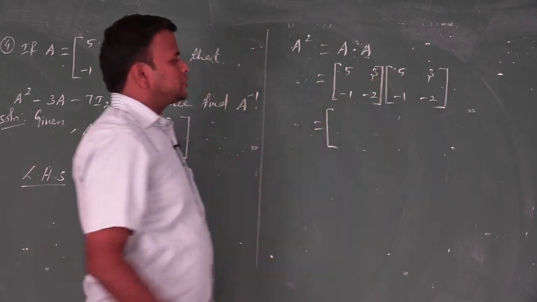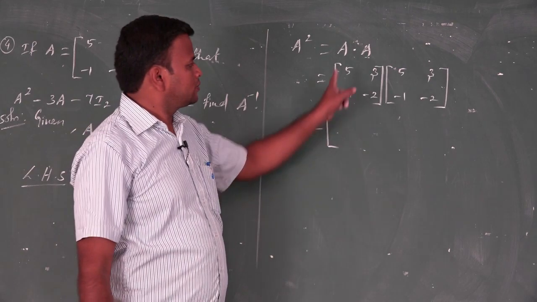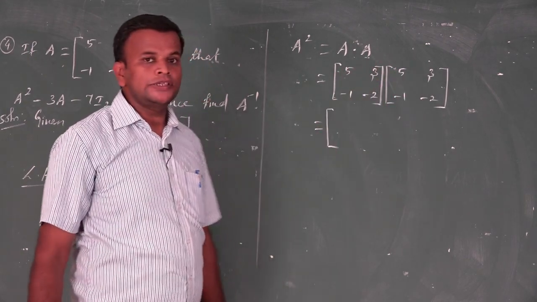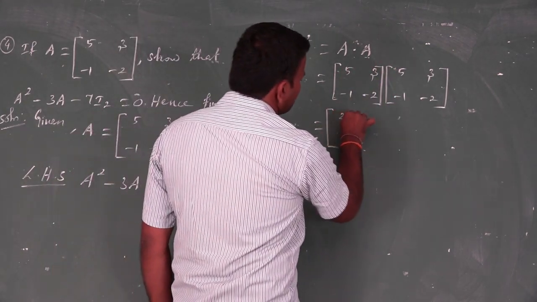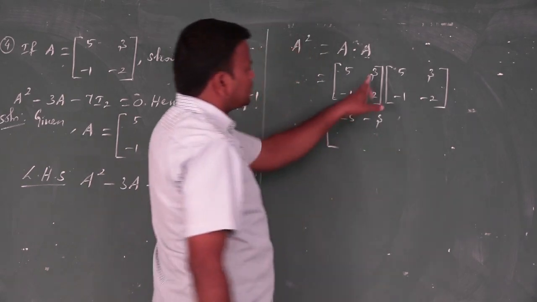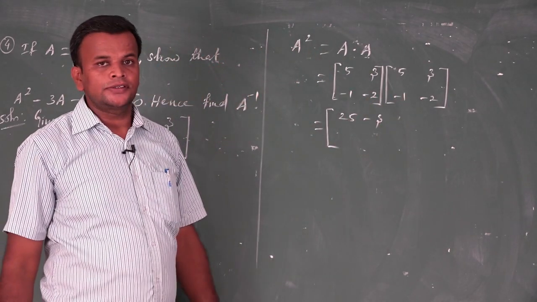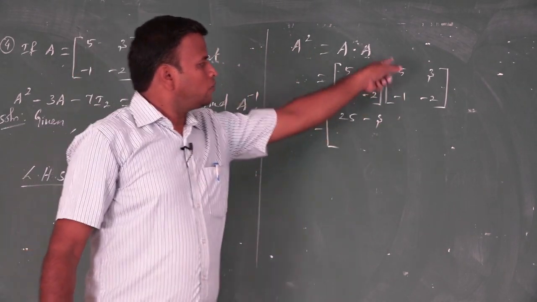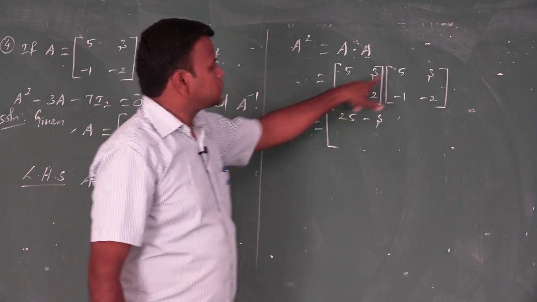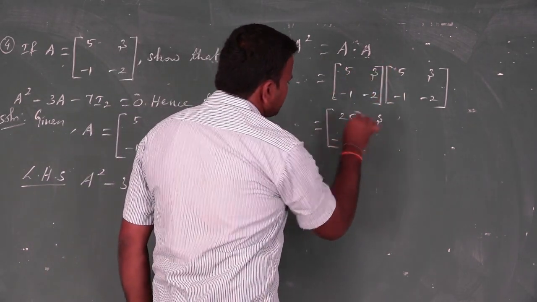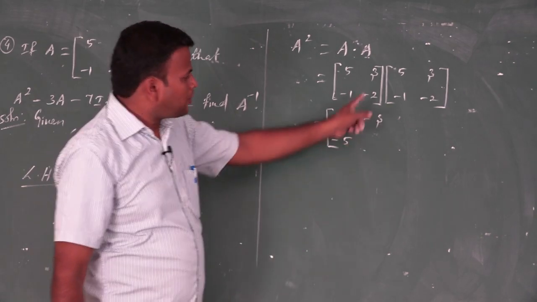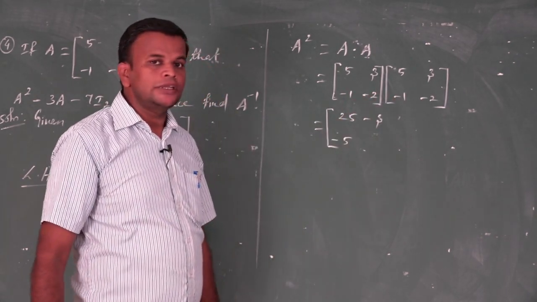Now we multiply these two matrices. First row, first column: 5 fives are 25, 3 into minus 1 is minus 3. Second row, first column: minus 1 into 5 is minus 5, minus 2 into minus 1 is plus 2.